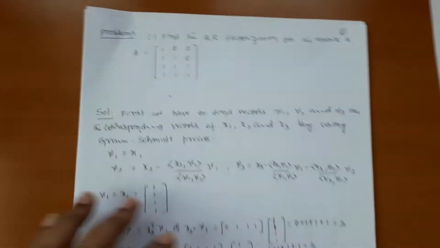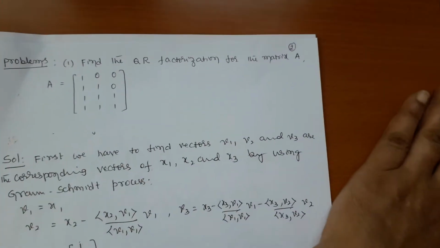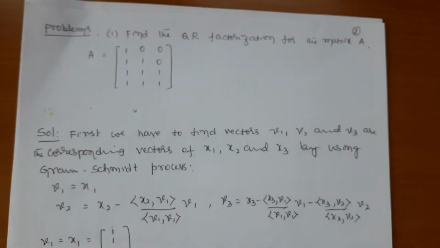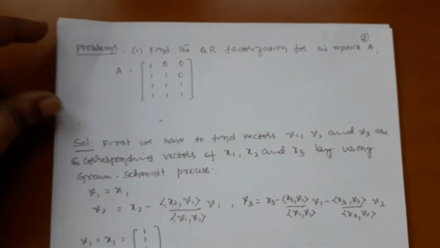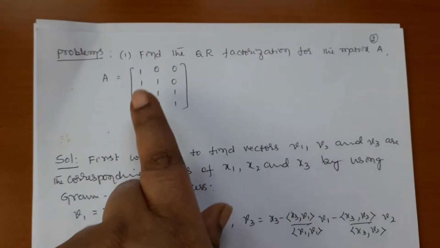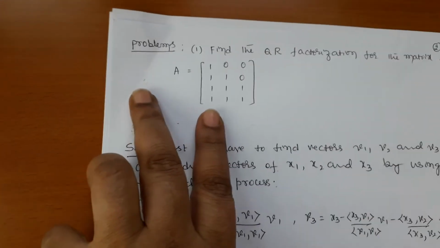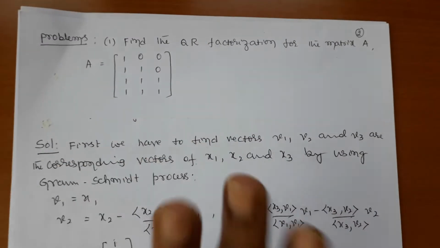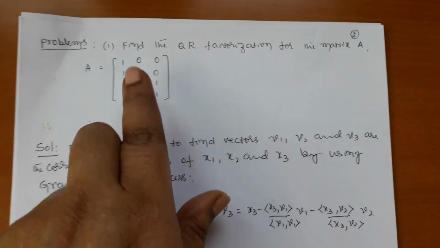The next step is problems. First problem. Observe carefully in this problem. It is very easy, if you are clear on the Gram-Schmidt process.